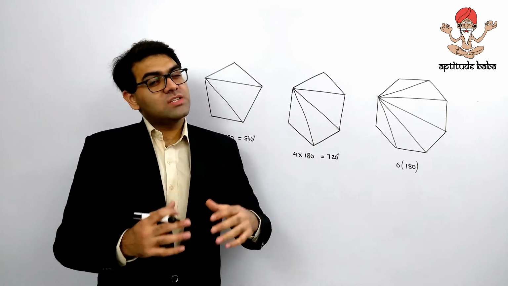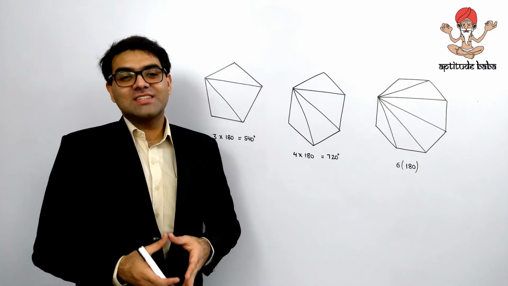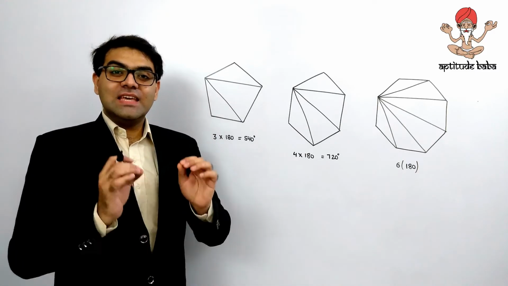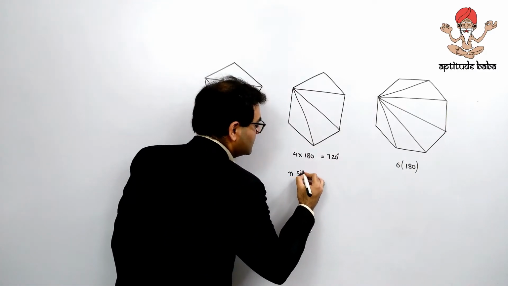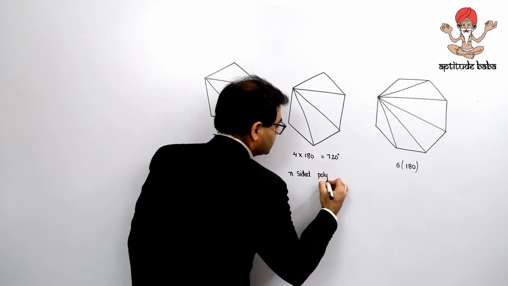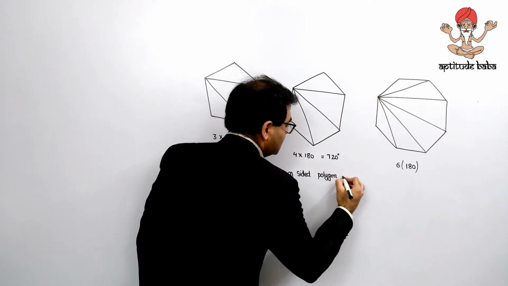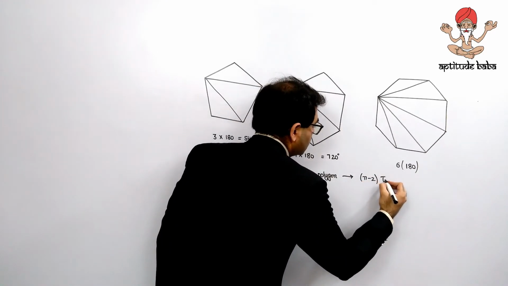An octagon, which is an 8-sided polygon, got divided into 6 triangles. Any n-sided polygon can be divided into n minus 2 triangles. So if I have an n-sided polygon, then that n-sided polygon can be divided into n minus 2 triangles.